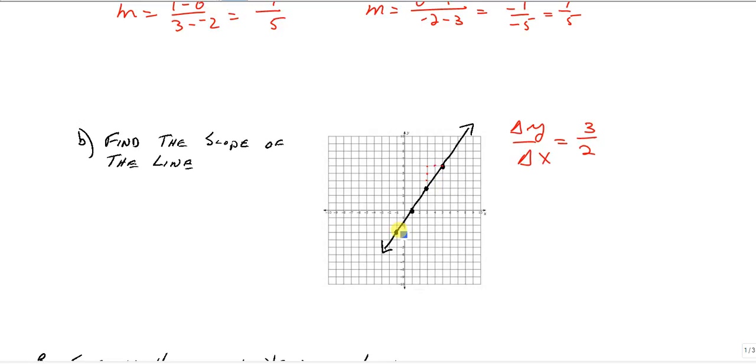Let's go from this point to this point. Okay, so I'm going up 1, 2, 3, 4, 5, 6, 7, 8, 9. So I went up 9. And I went over 1, 2, 3, 4, 5, 6. All right, that's 3/2. Same thing.